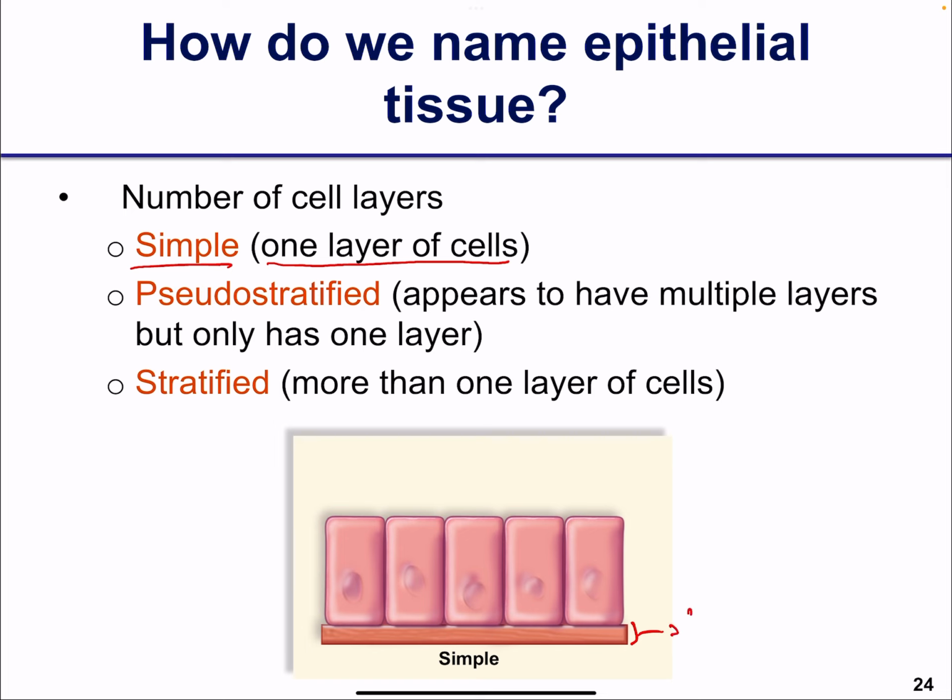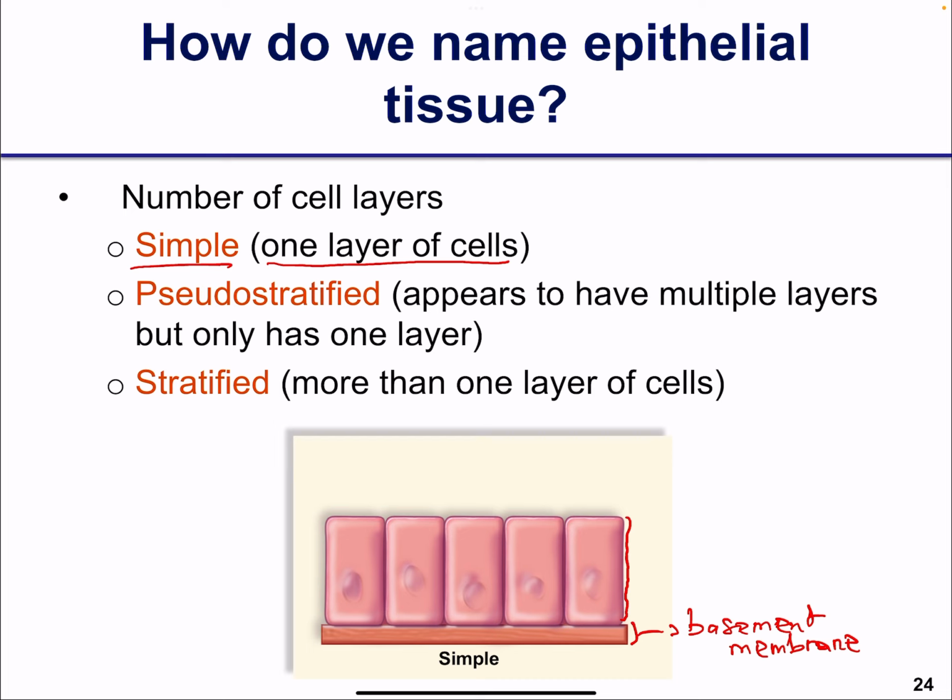This is the basement membrane. Basement membrane. There we go. So that's a simple epithelium because you have one layer of cell.